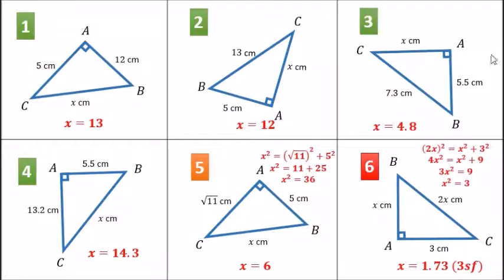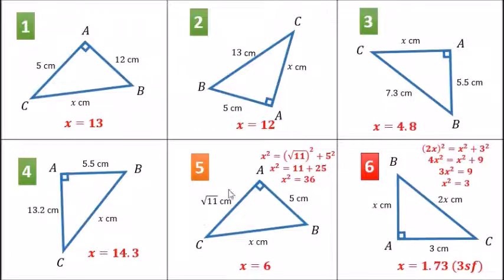And then question 4, the 5.5 is the same, but instead of giving you a longer side, I've given you a shorter side that's missing, but it's a different triangle this time from question 3, and we get x is equal to 14.3.